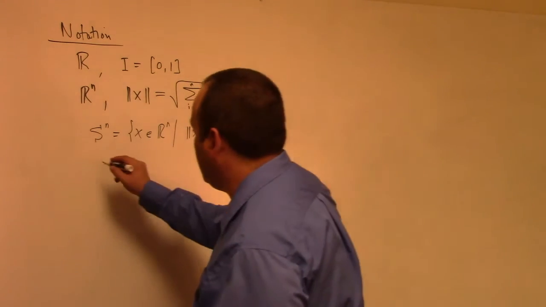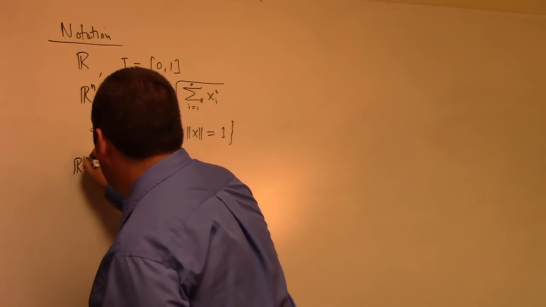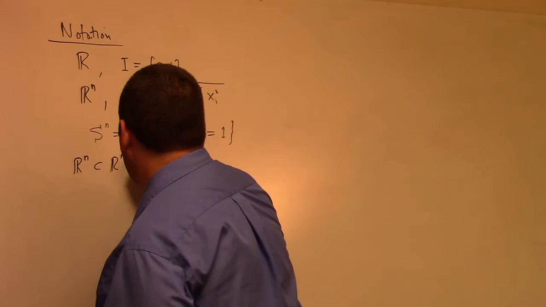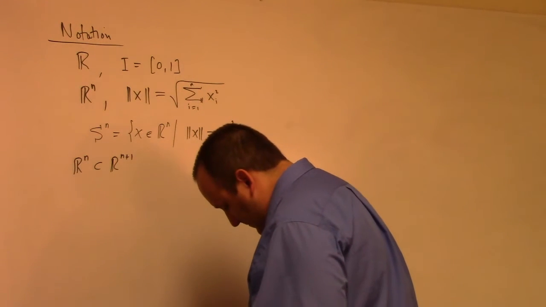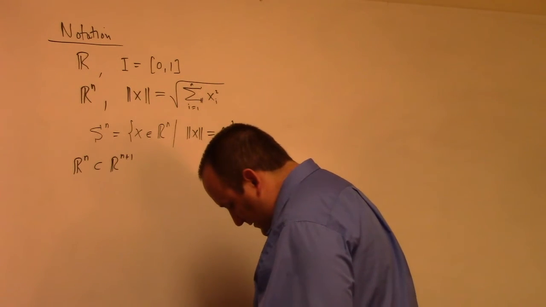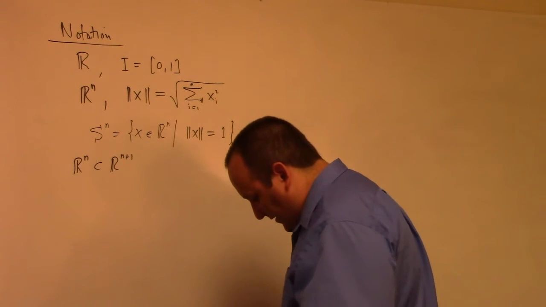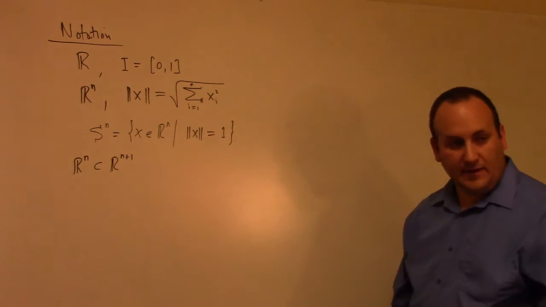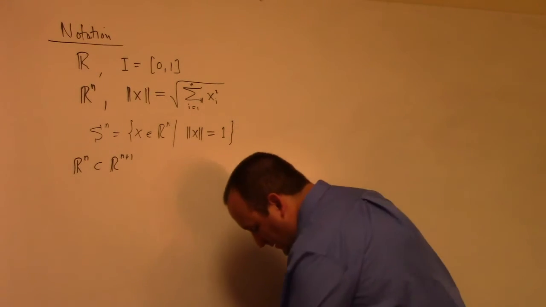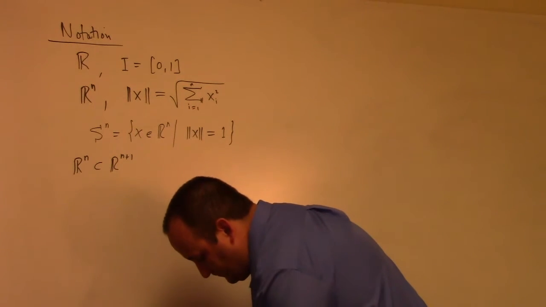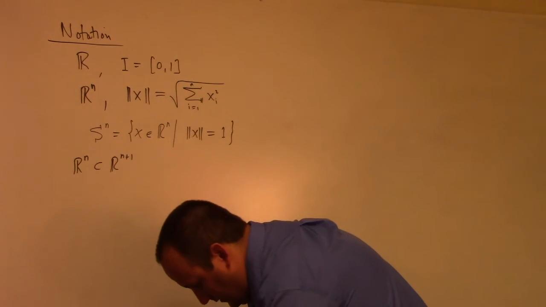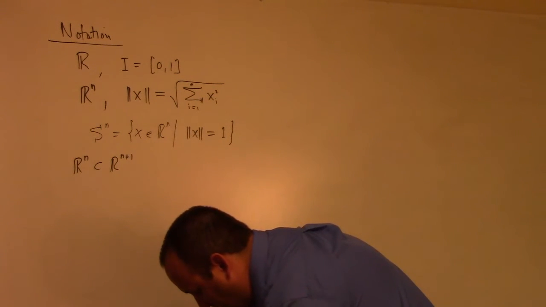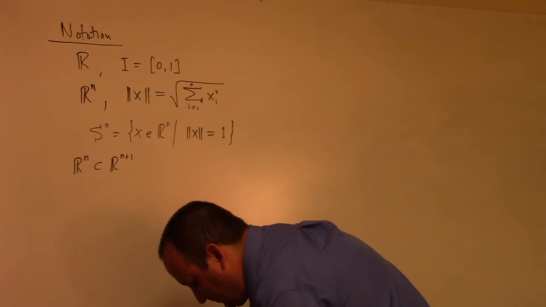For example, he basically says Rn is a subset of Rn+1 under the identification what? Basically, Rn is just the subspace of Rn+1 consisting of all n+1 tuples with last coordinate 0. All right? And of course, Sn is the n sphere, radius 1, center at the origin.